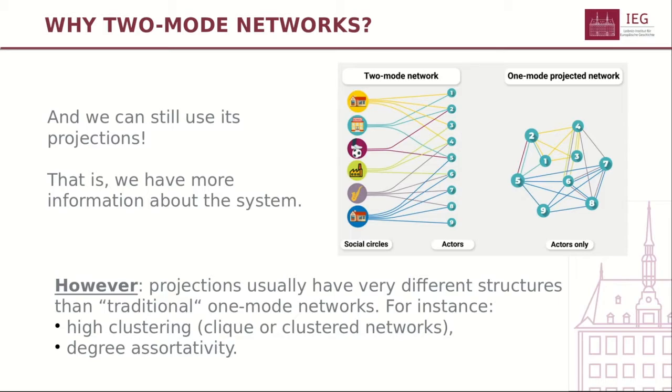For instance, social systems normally present higher clustering, that is the formation of triangles, or the idea that the friend of a friend is also my friend, and higher degree assortativity, that is, popular people tend to connect to popular people and unpopular to unpopular. So those characteristics are more in evidence in social systems than in others.